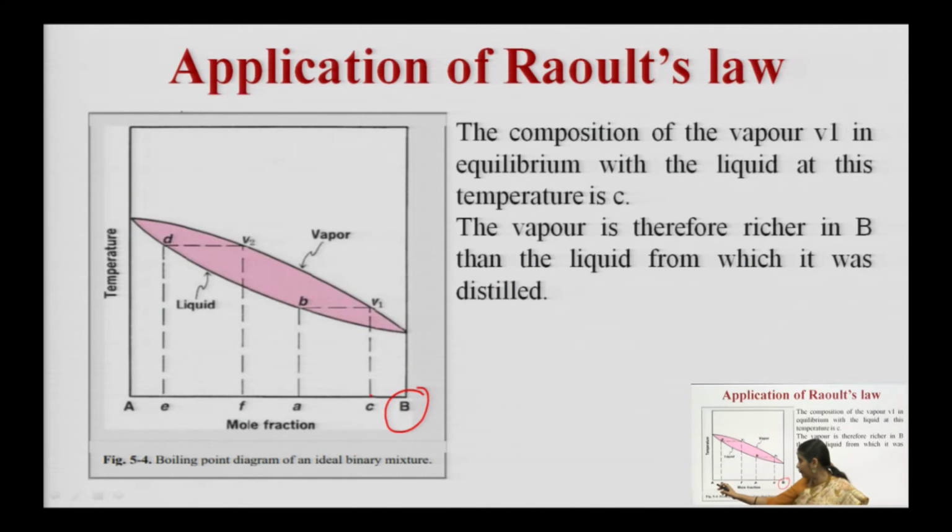The amount of B increases. So, the vapor is therefore richer in B than the liquid from which it was distilled.